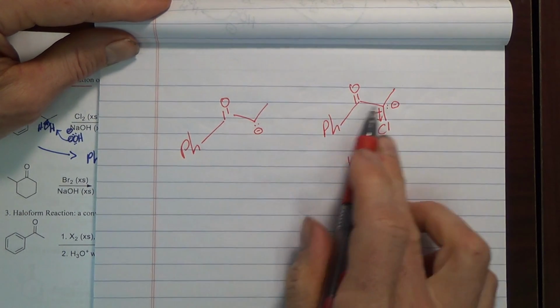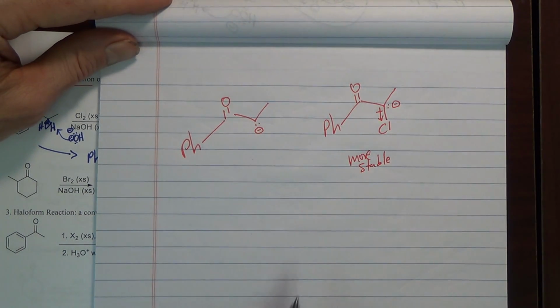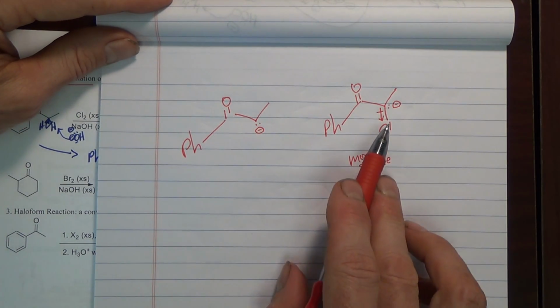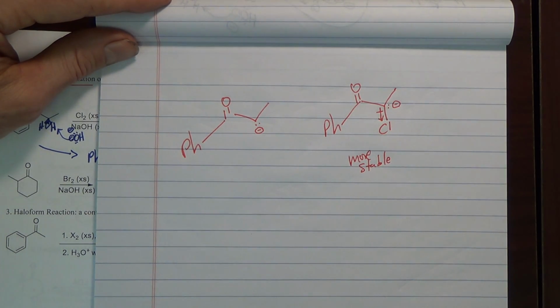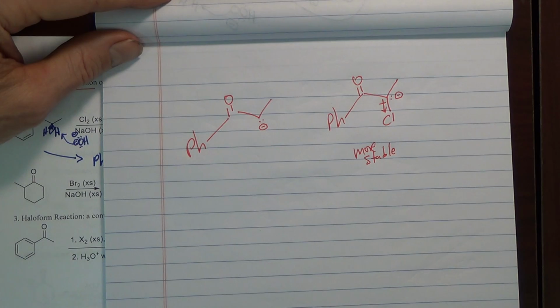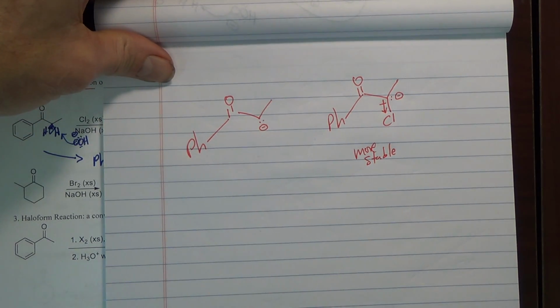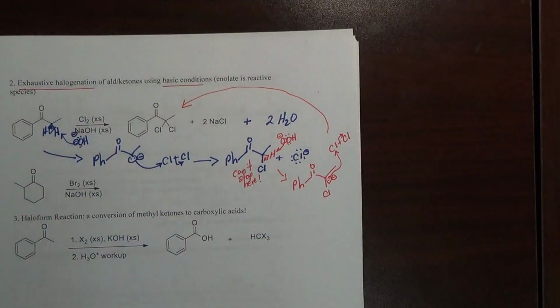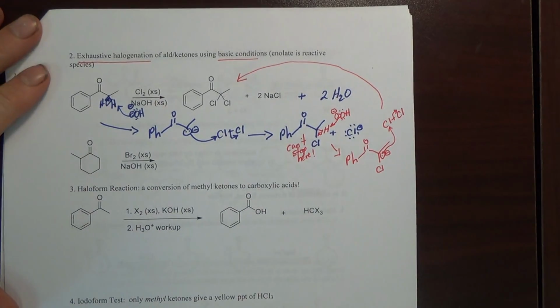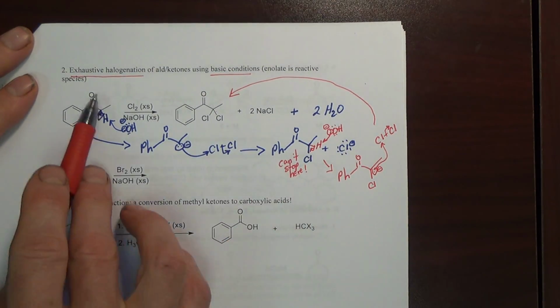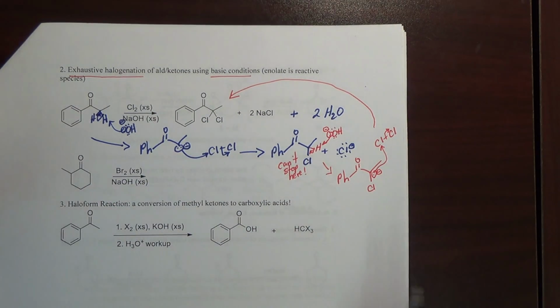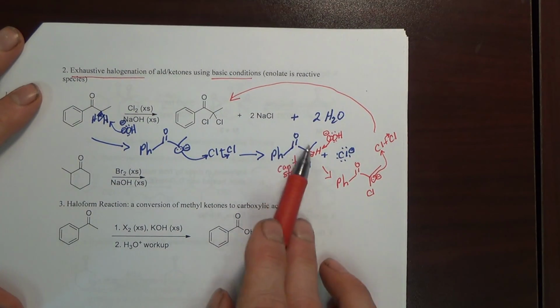Both of them are resonance stabilized into the carbonyl, but this one has the additional stabilization of the chlorine inductively withdrawing. Makes perfect sense, right? So while this has a pKa roughly, we can say about 20, this is more acidic.